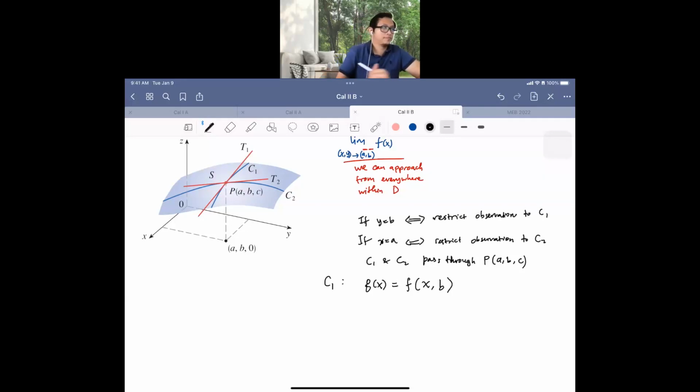Okay, so we have t1, g prime at a, because it's the point that we are going to make, it's at a. So the partial x at a, b. Okay, so this means that it's partial x.